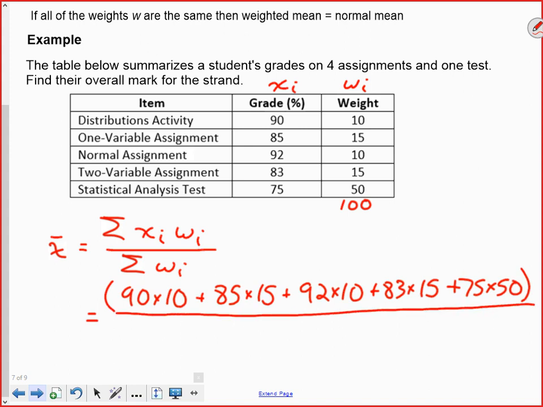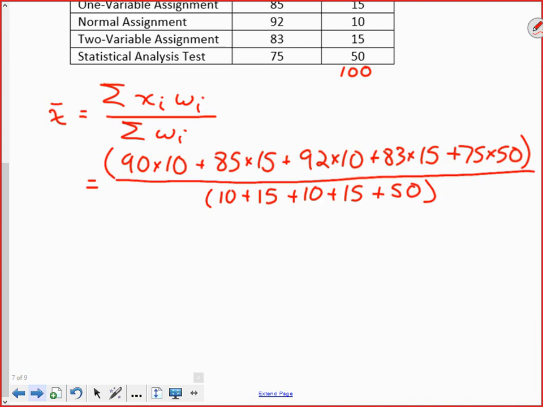All of this gets divided by, and let's add up those weights, 10 plus 15 plus 10 plus 15 plus 50. We know that those weights add up to 100.